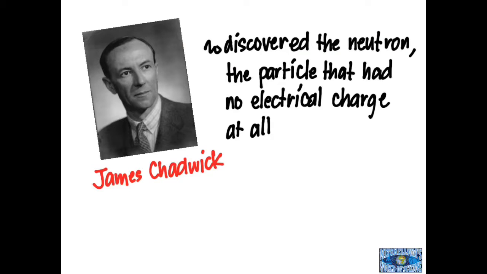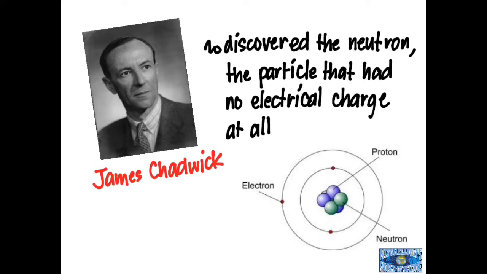In 1911, Rutherford discovered the nucleus, and in 1932, another British physicist, James Chadwick, discovered another particle inside the nucleus. This particle had no electrical charge at all and so was called the neutron.